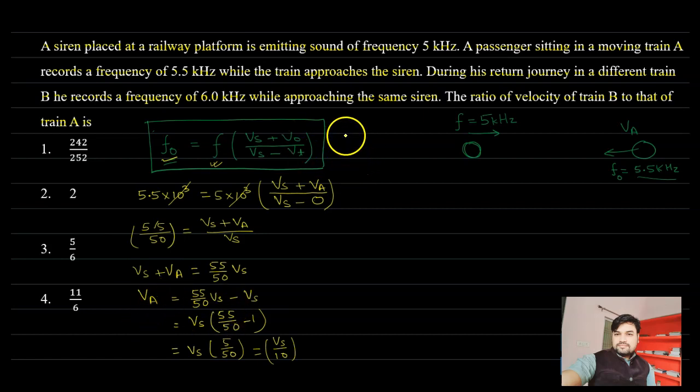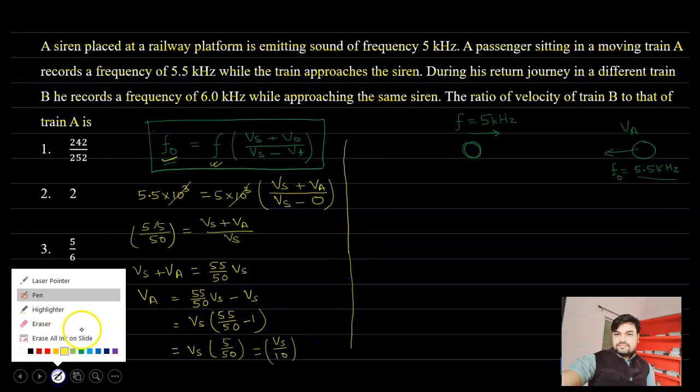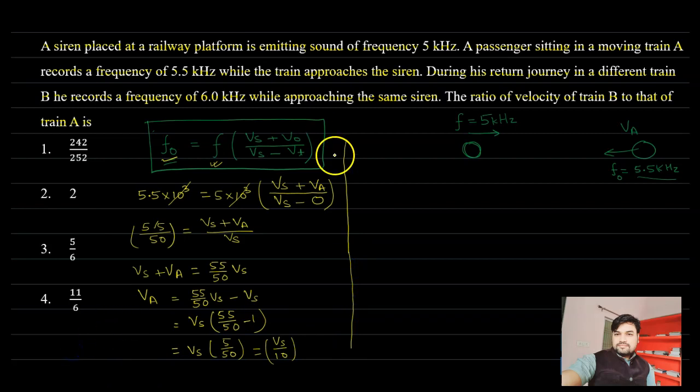Now during the return journey, it is coming with another train which is B. Let us suppose this is train B and this is going towards the platform. So again we have to write the same formula.